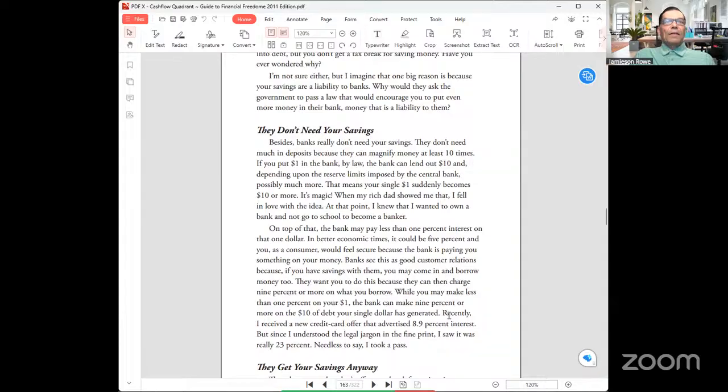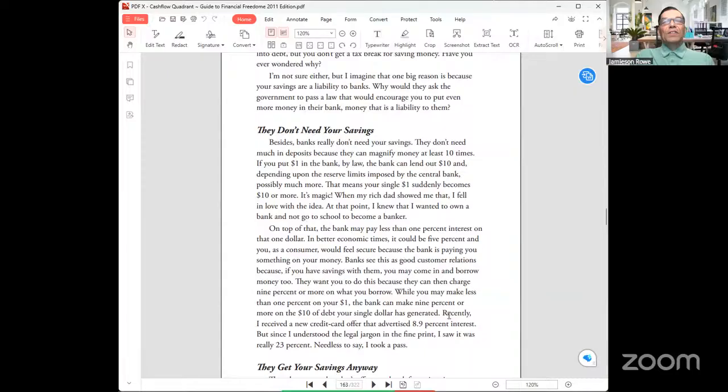On top of that, the bank may pay less than 1% interest on that $1 from the central bank. In better economic times, it could be 5%, and you as a consumer would feel secure because the bank is paying you something on your money.